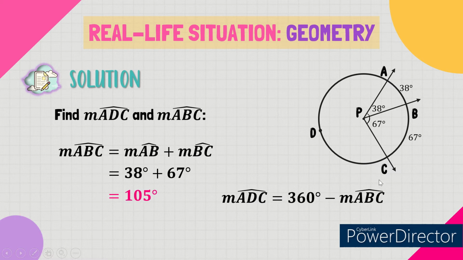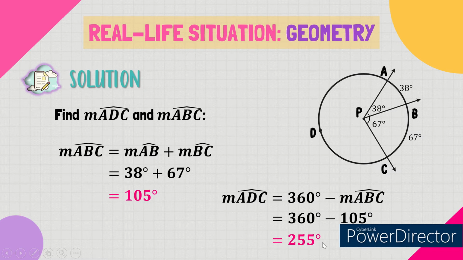So that is why. Because we already got the measurement of arc ABC, we will just substitute it and bring down 360 degrees. So 360 degrees minus 105 degrees is 255 degrees. Therefore, the measurement of arc ADC is 255 degrees.